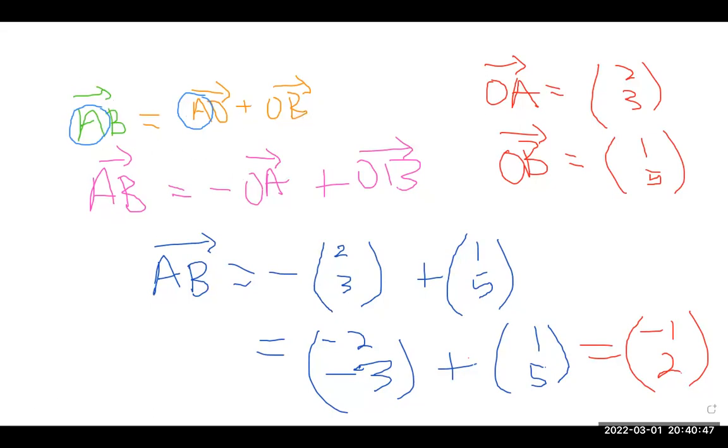Let me just draw that. So let's say this is A. That's A, that's O. And then we're going from AO to OB.